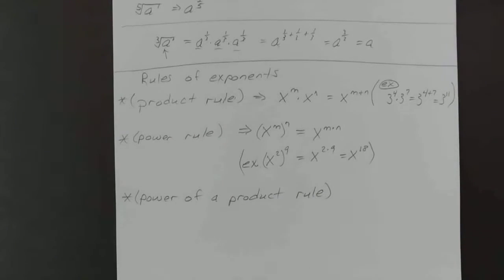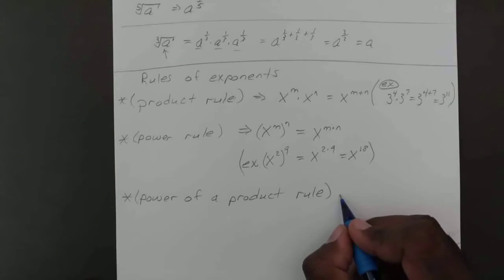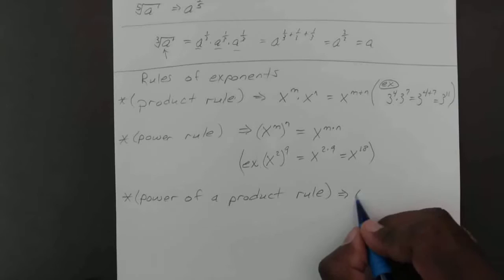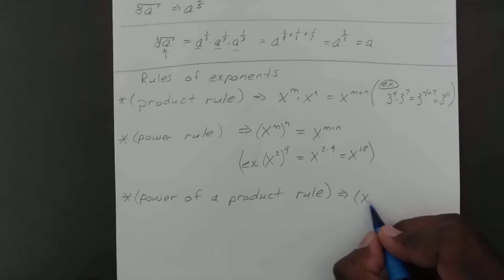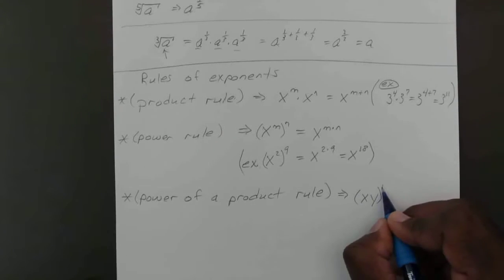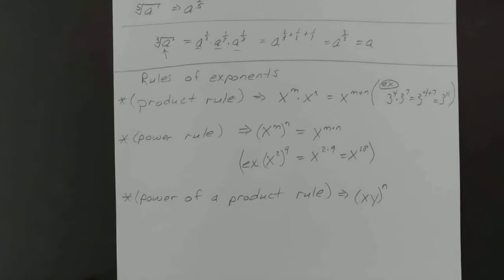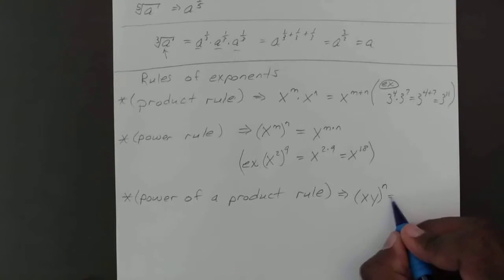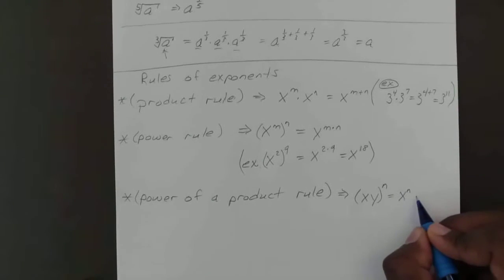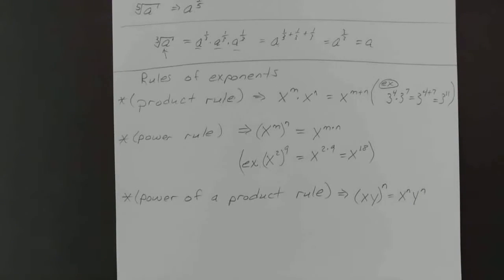Okay, so we have our power of a product rule, which means if you have, let's say, two numbers, x times y, raised to the power of n, then that's going to equal x to the power of n, y to the power of n. So basically, you distribute the exponent to both.